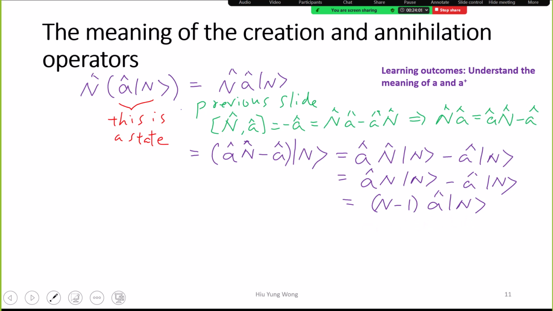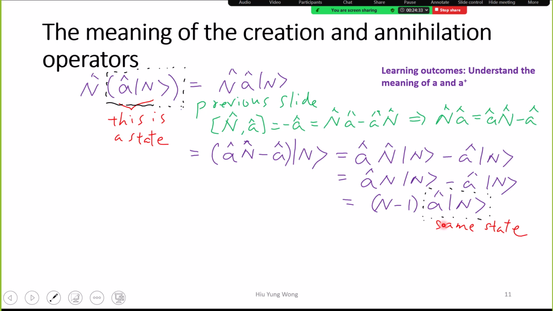But now if you look at this again, at the beginning we have N applied to this state, and at the end I get N minus 1 times the same state. Basically, we have proved that if I apply the number operator to this state, I get N minus 1 times that state.